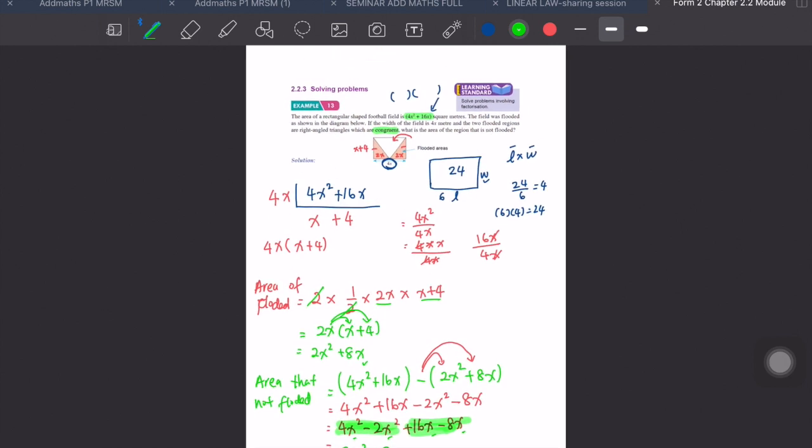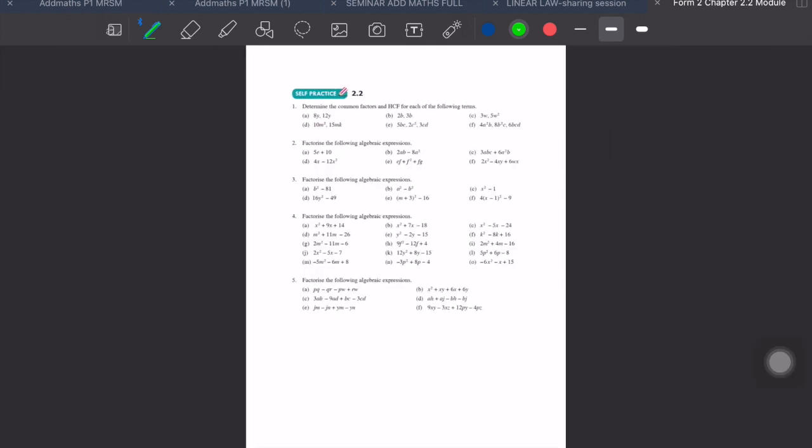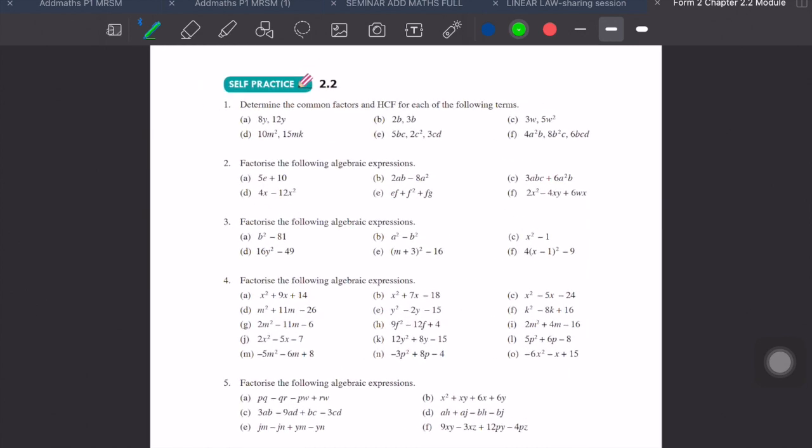Kalau masih confused, boleh ulang balik video ni, tengok rewind sampai dapat. Okay, so self-practice 2.2. This is your assignment for this week. Apa yang saya nak buat?